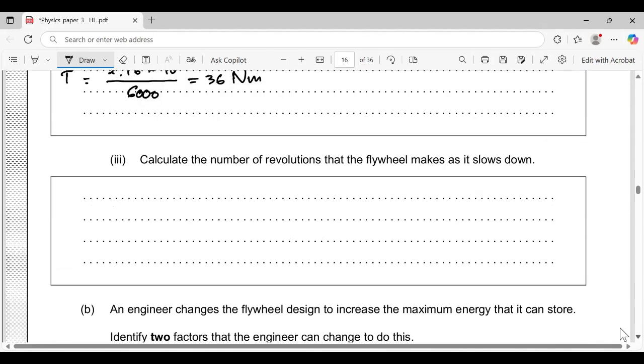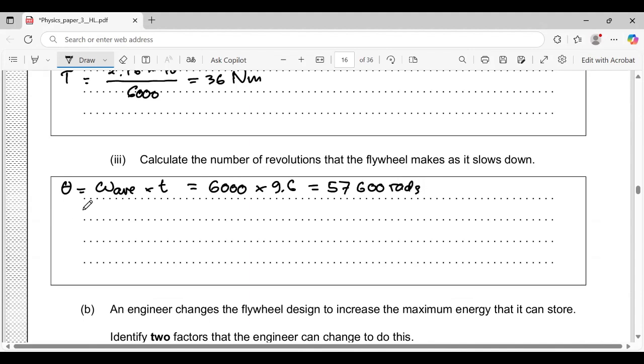Next question. Calculate the number of revolutions that the flywheel makes as it slows down. I'm going to use this formula: theta equals omega average, which we just calculated, and it is 6,000, times 9.6, equals 57,600 radians.